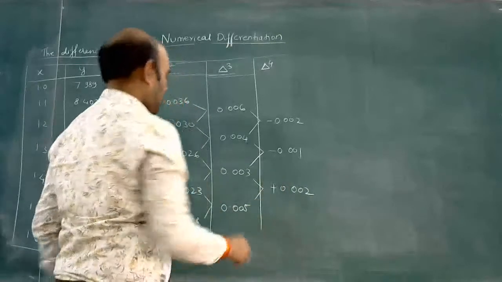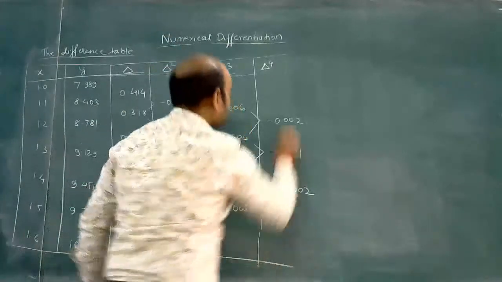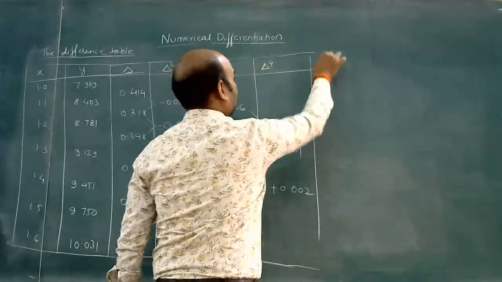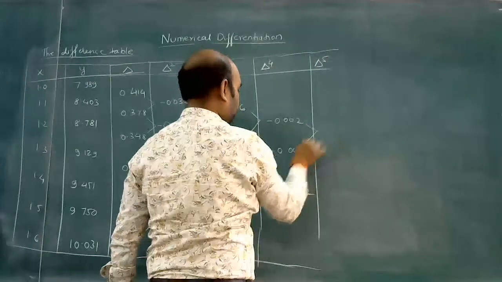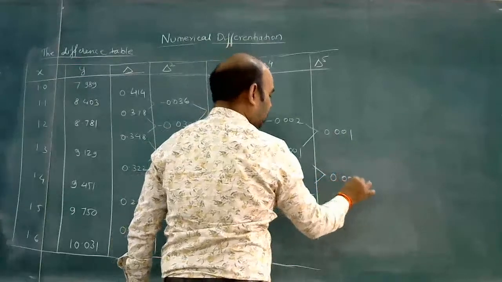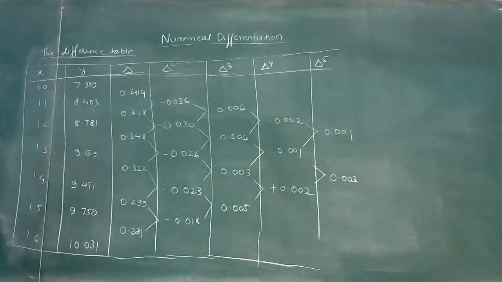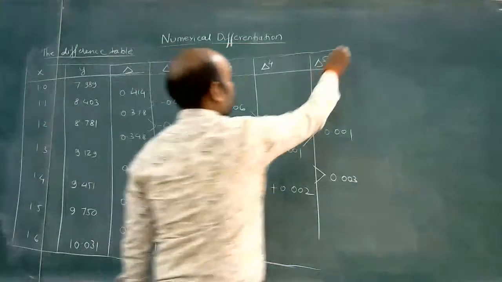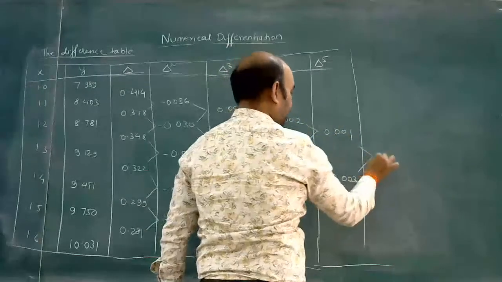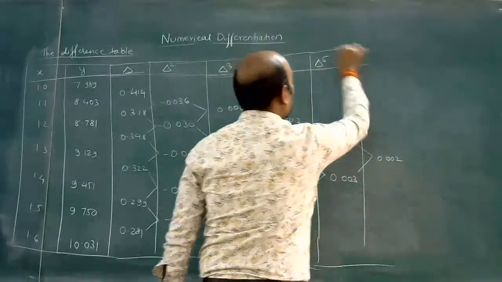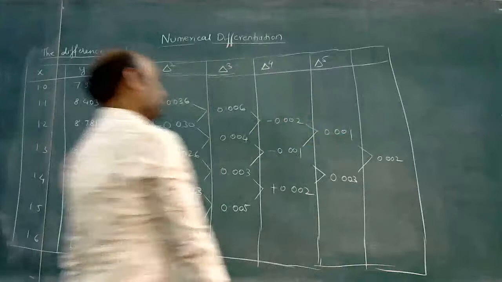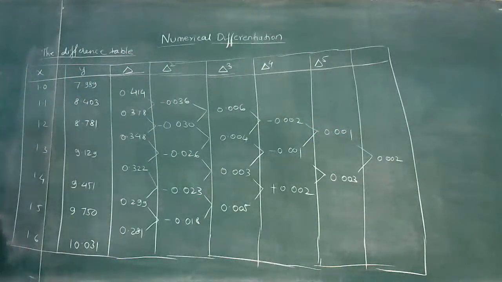This is a fifth difference. Difference of these two will be 0.001, and this is 0.02. Last difference of these two is 0.00. Okay. So this is the difference table.